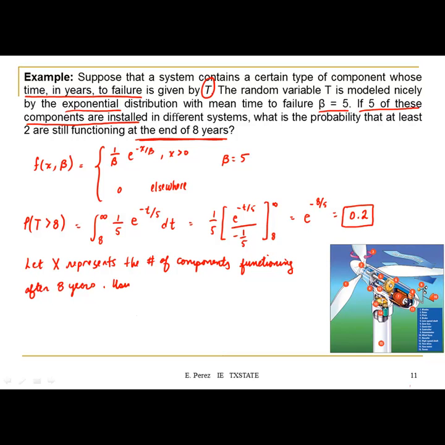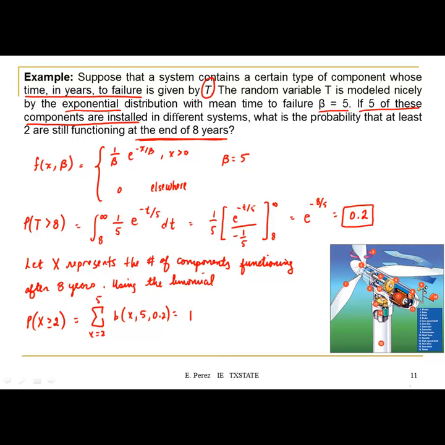Then using the binomial, we can find the probability of X being greater than or equal to 2, which is going to be equal to the summation from x equals 2 to 5 of the binomial with x, 5, and probability of 0.2.